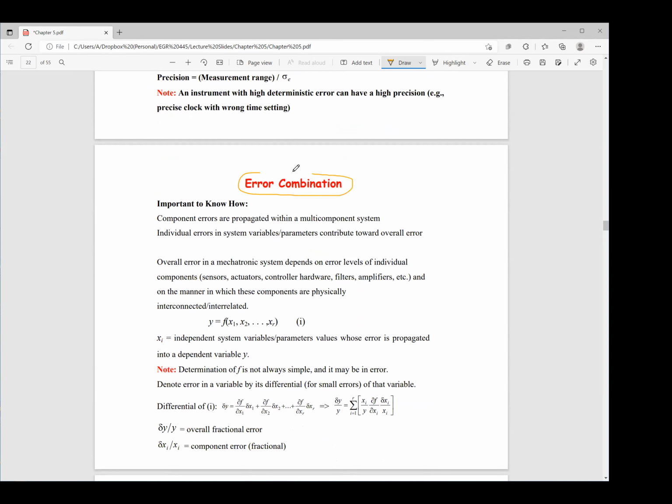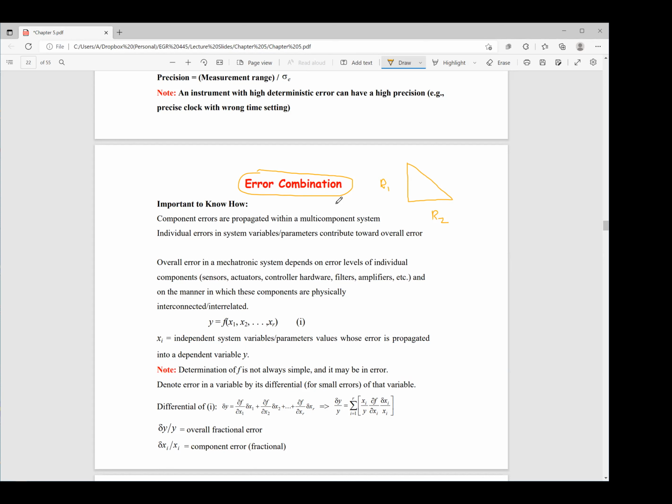If you think about combination of different errors, a simple example is if you have two vectors, R1 and R2. If R1 does not affect R2 and R2 does not affect R1, then the resultant is given by the Pythagorean theorem: the square root of R1 squared plus R2 squared gives you the resultant error.